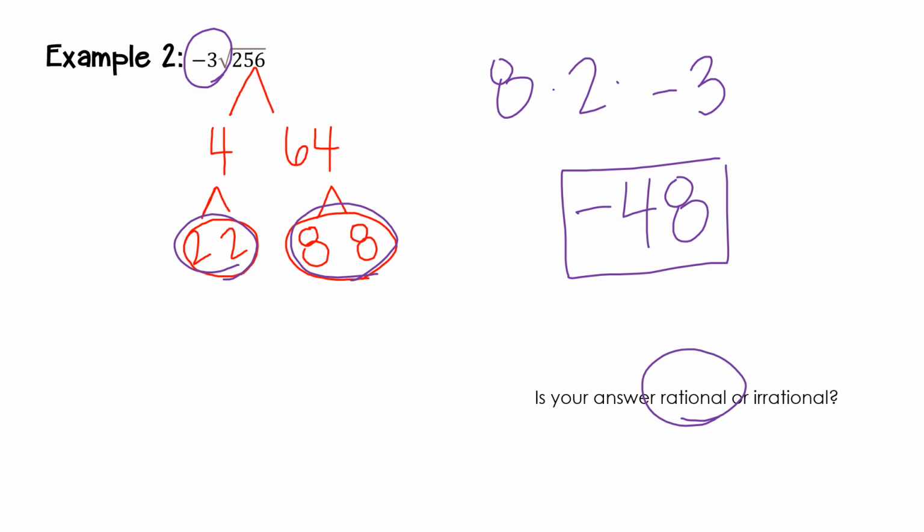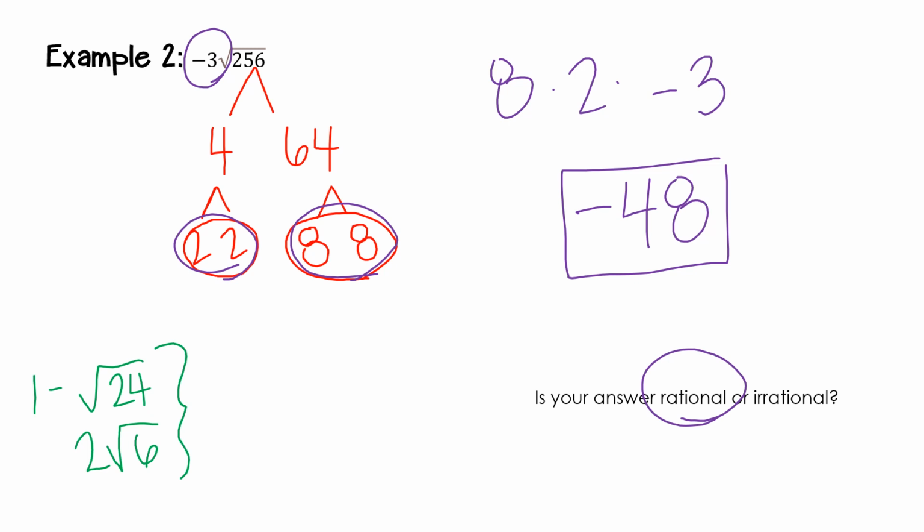So before I move on to example 3, I want to talk real quick about just checking our work. For example 1, if you type the square root of 24 into your Desmos scientific calculator, it is going to just give you a non-terminating, non-repeating decimal. It was an irrational number. But if you type in 2 square root of 6, which is what we got for our answer, both of these decimals should be the same if you did the problem correctly, because you found the other radical, they should be equal to each other.